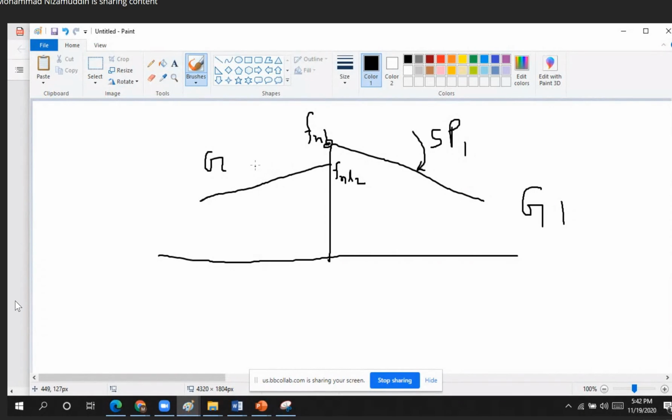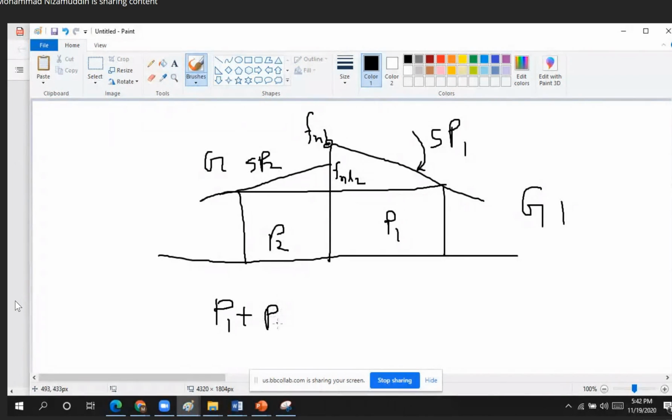It might not be given, and you would have to find it using this graph or table. SP2 is given. Now they are supplying a load, this one is P2 and this one is P1. So the total load is P1 plus P2, which is given, I think 200 megawatts, something like that.